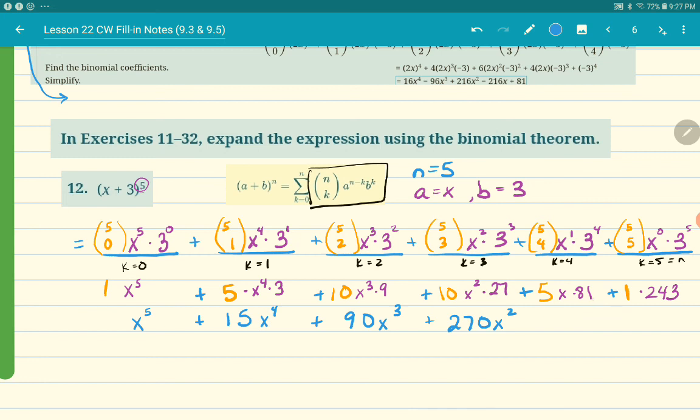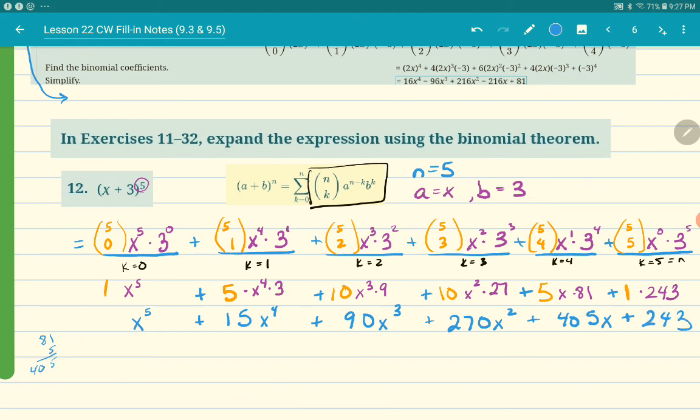And 5 times 81, that one I'm going to need some side work here. 405. And then the last term, there's no x, so that's just 243.